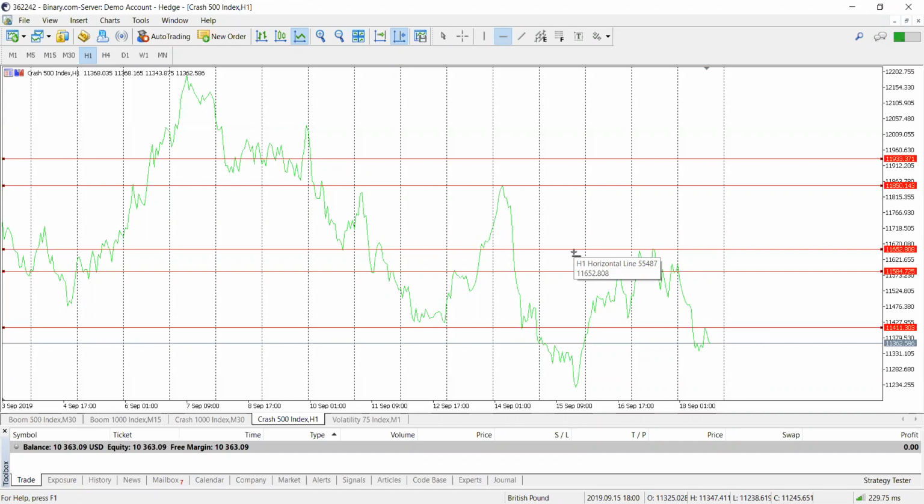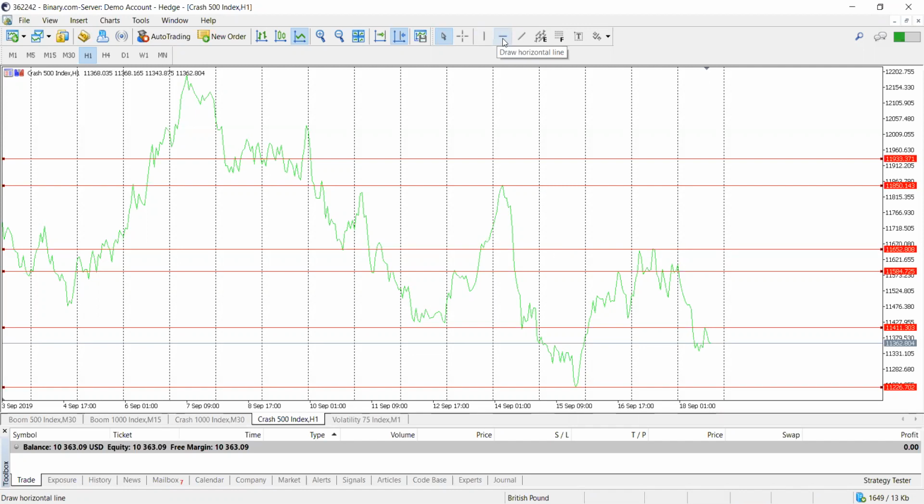But also you cannot litter the whole chart with these lines. Better if you just minimize and stick to the lines very close to price. This is support.